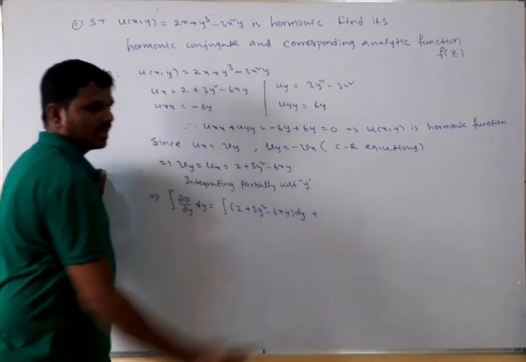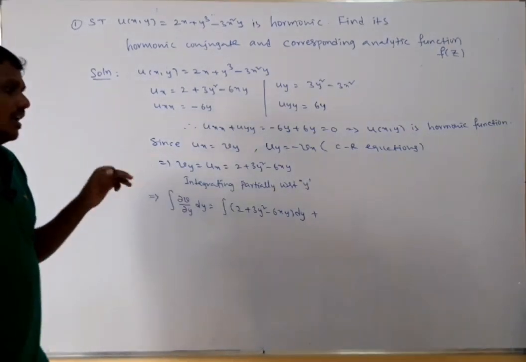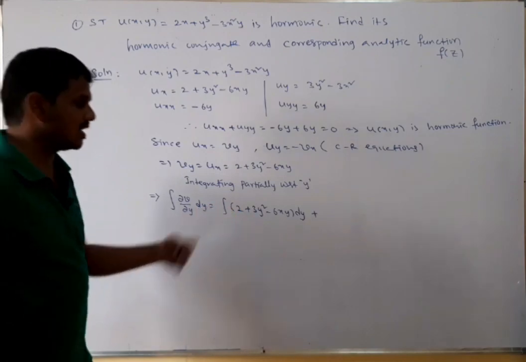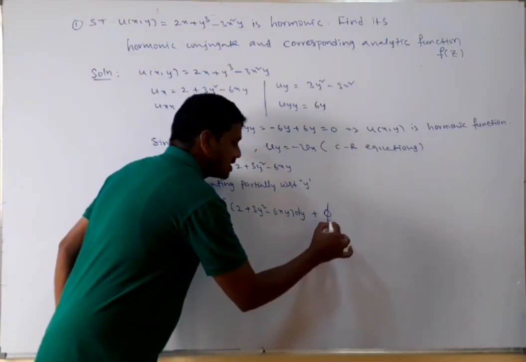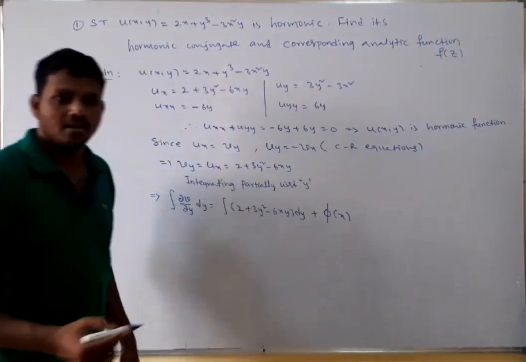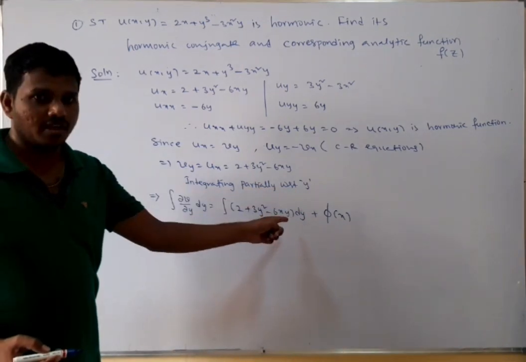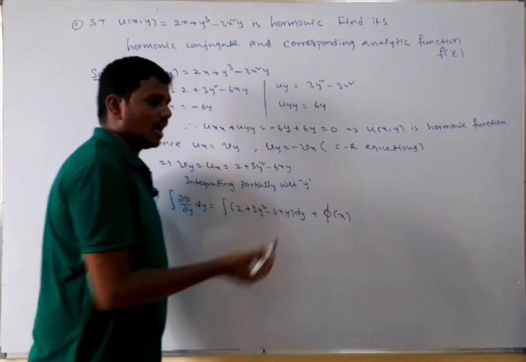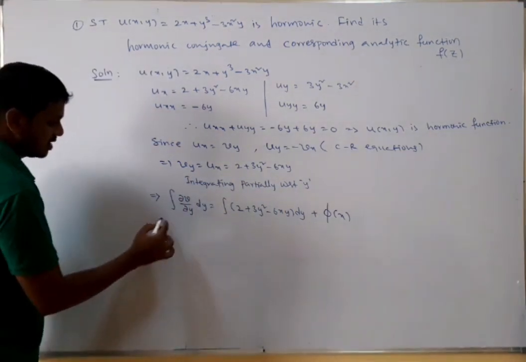There is an integration constant. Here we are integrating partially with respect to y, keeping x as constant, so I take the constant as pi of x. It is independent of y, which is the reason for taking pi of x as the constant. From this, integration and differentiation get cancelled.